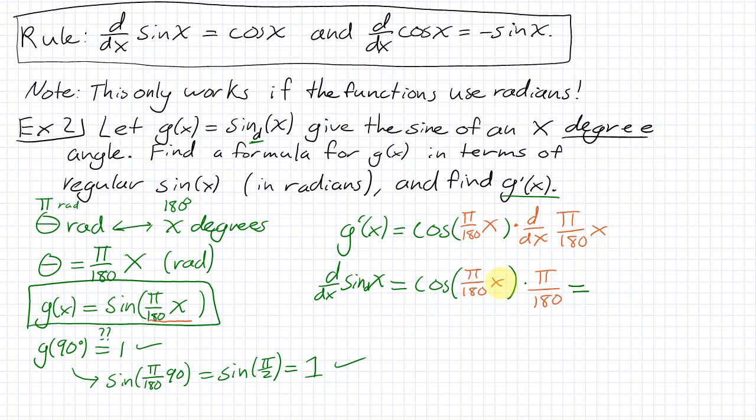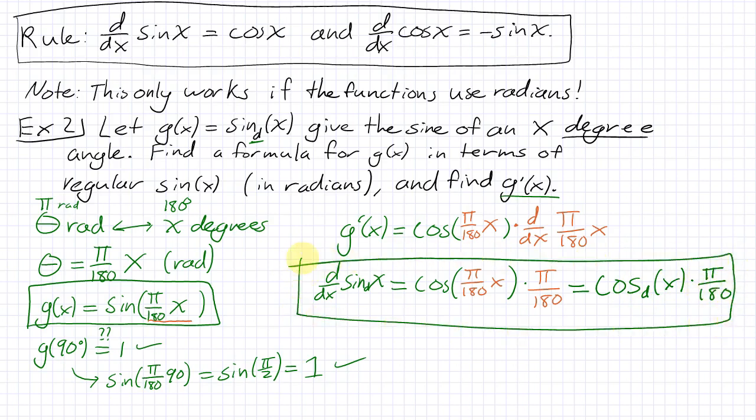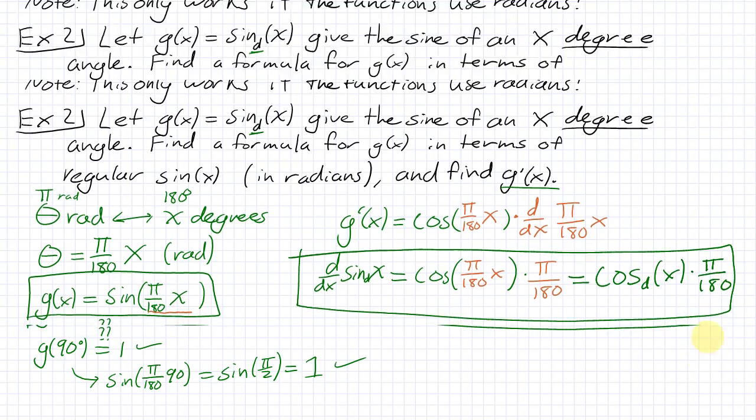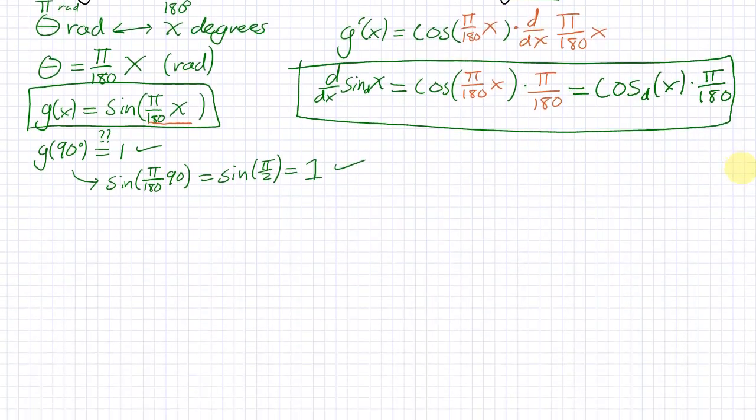If you plug in a number of degrees into this, it will convert it to radians and then do regular cosine. So we could call this cos d of x times that pi over 180. So either way, you get this extra pi over 180 thing, which makes it annoying to do these derivatives. So that's why we do not use degrees for sine and cosine.